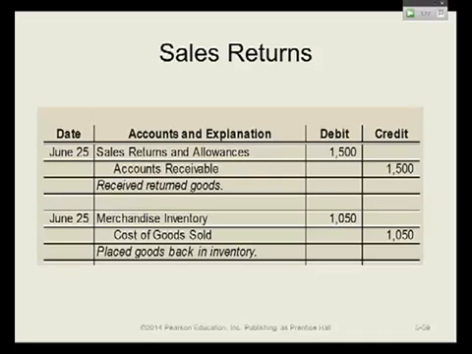I'm just not showing you that here. Cost of goods sold is reduced. You reduce your accounts receivable, and the sales returns and allowance is a contra account. And again, rather than debiting sales directly, you would put this in a contra account, but it has the same effect. So when you debit sales returns and allowances, you are effectively debiting sales.